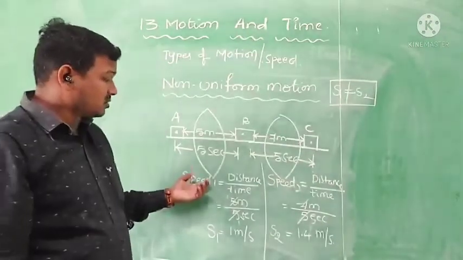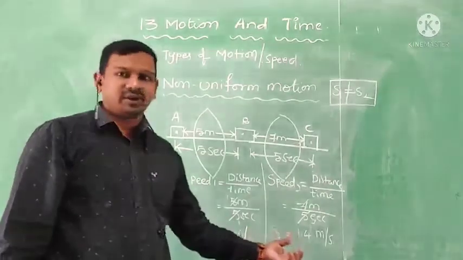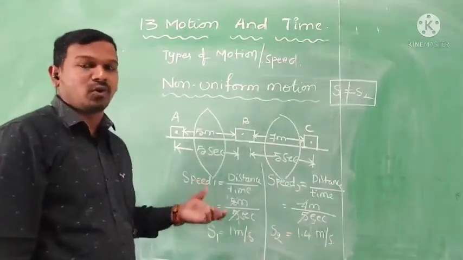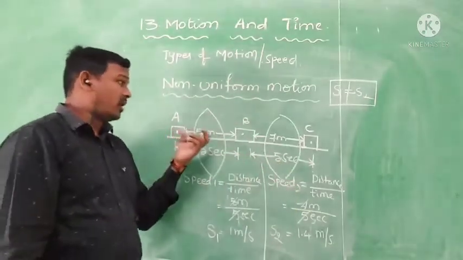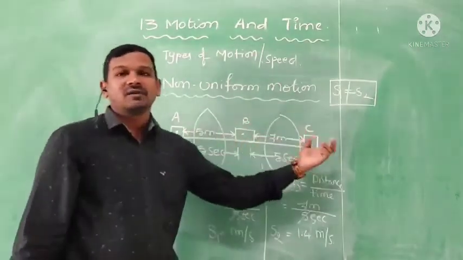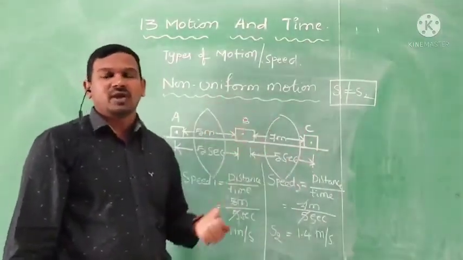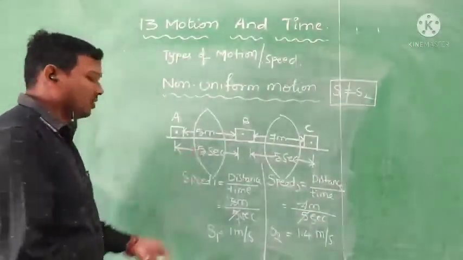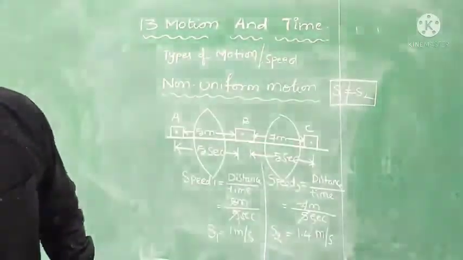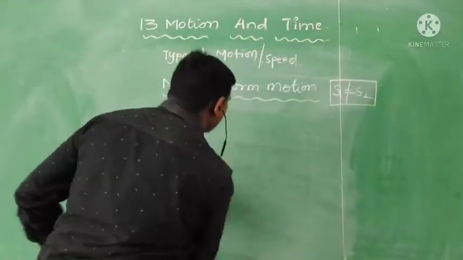The body which is not maintaining the same speed in different situations is said to be going with a non-uniform motion. Otherwise, if a body covers unequal distances in equal intervals of time, then the type of motion we can call non-uniform motion. Now we are going to write the definition for the non-uniform motion.